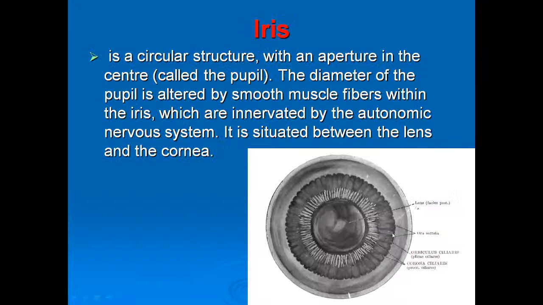Iris. It is a circular structure with an aperture in the center, called the pupil. The diameter of the pupil is altered by smooth muscle fibers within the iris, which are innervated by the autonomic nervous system. It is situated between the lens and the cornea.